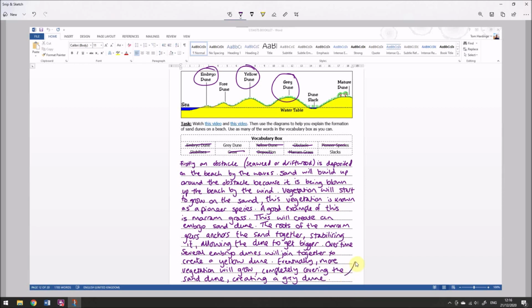I'm then going to carry my explanation on up here. You can carry on going down your page. We can talk about how we've used grey dune, so we can tick that off.